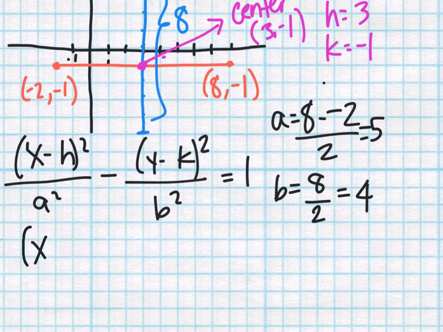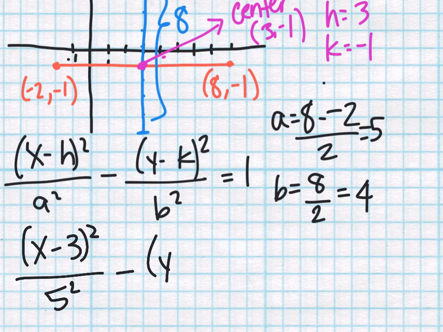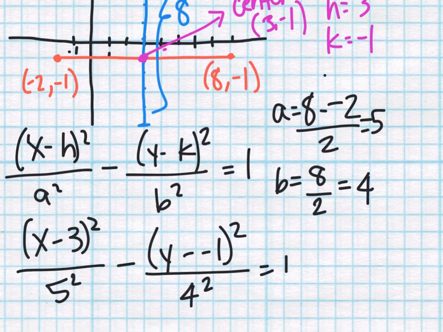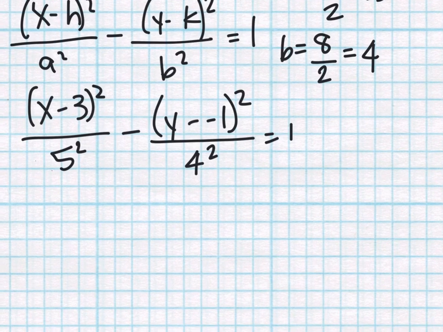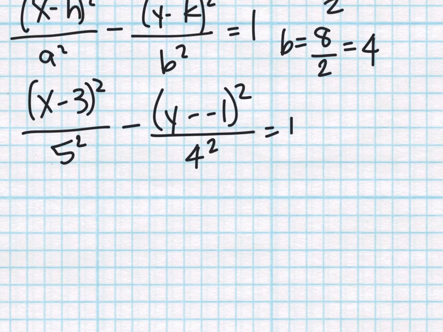(x minus h), which is 3, squared, divided by 5 squared, minus (y minus k), so y minus -1, squared, divided by 4 squared equals 1. Let's simplify what we can. x minus 3, we don't have to do anything with that.